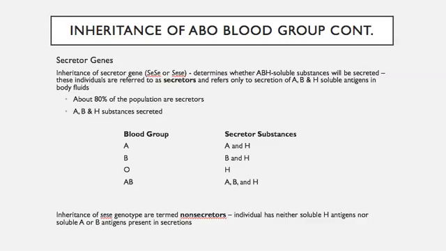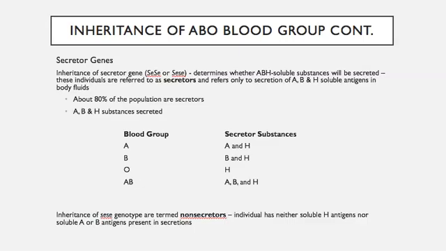Will the person have the ABH antigens, or the products of them, detectable in body fluids? These people are referred to as secretors, and it refers only to the secretion of A, B, and H soluble antigens in that patient's body fluids.